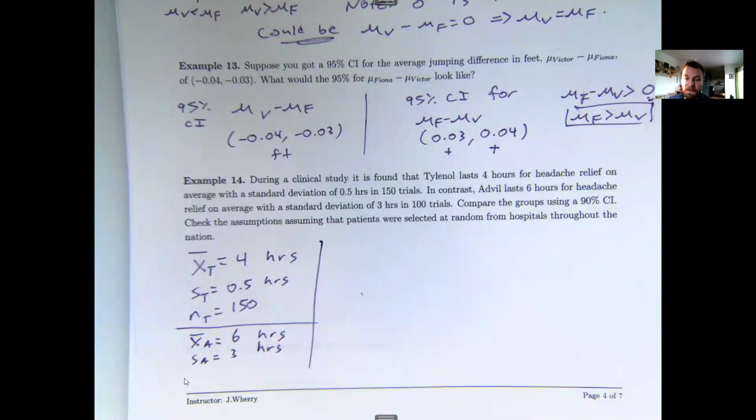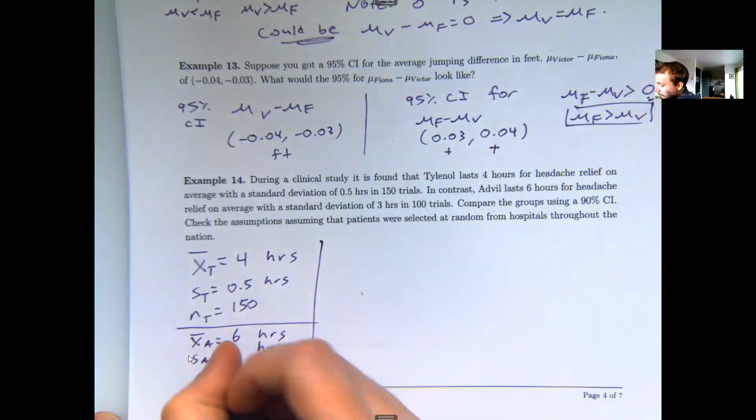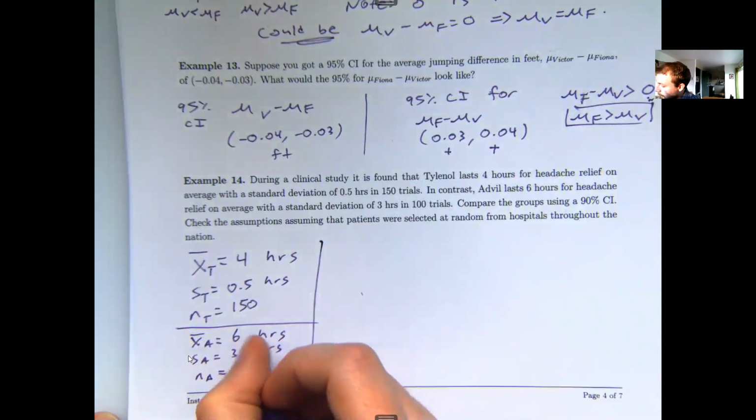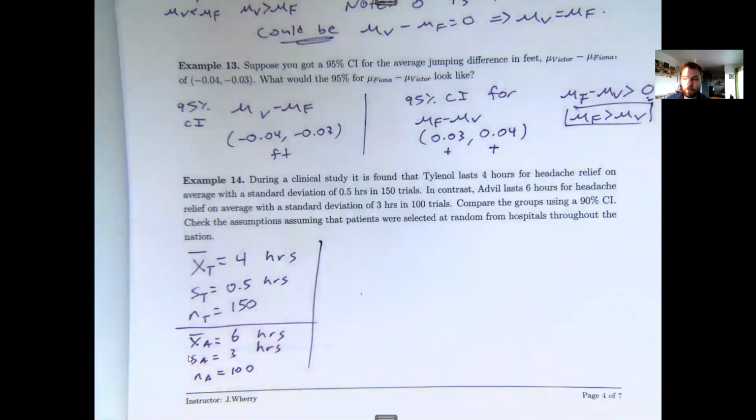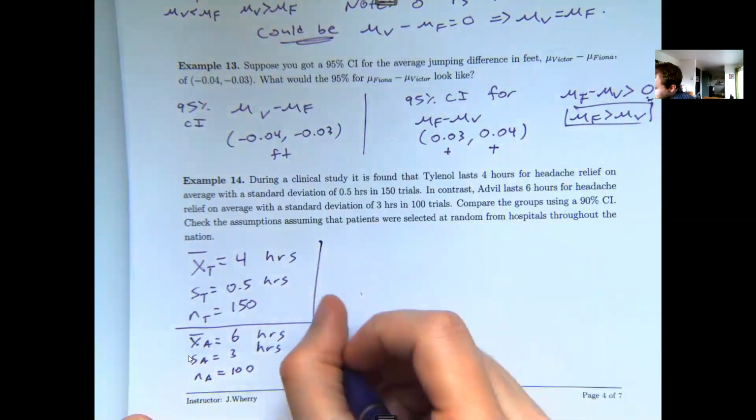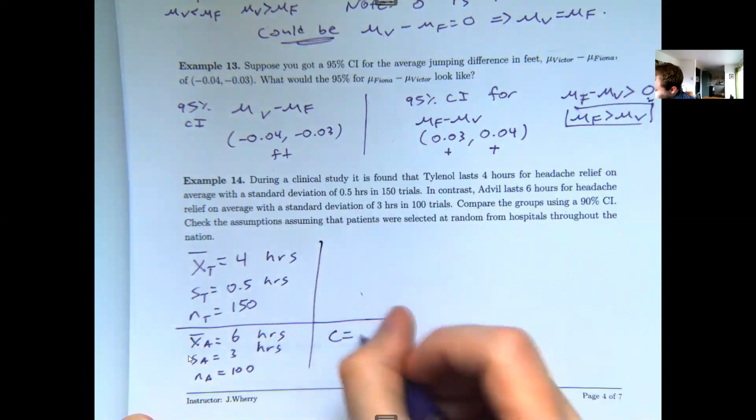So I don't know definitively if I actually have evidence of a statistically significant result here, or if things just vary so wildly that I can never really make a firm suggestion as to which medicine to use. This is for 100 trials. Compare using a 90% CI.